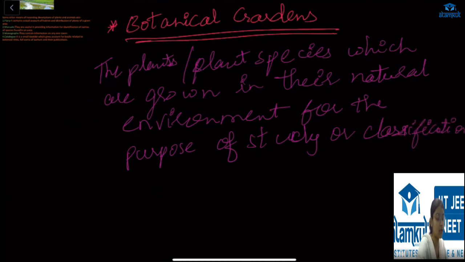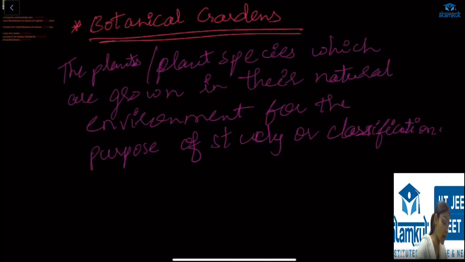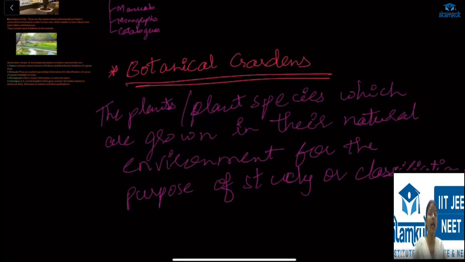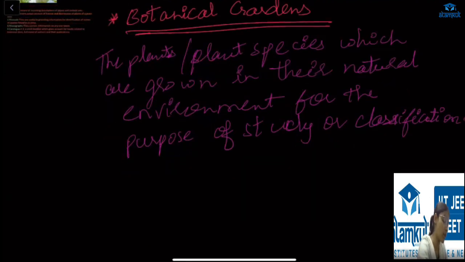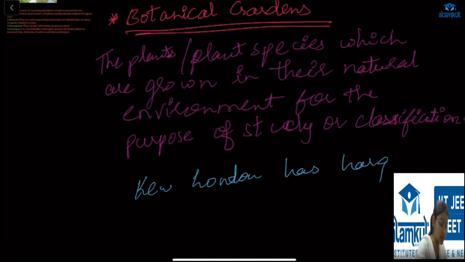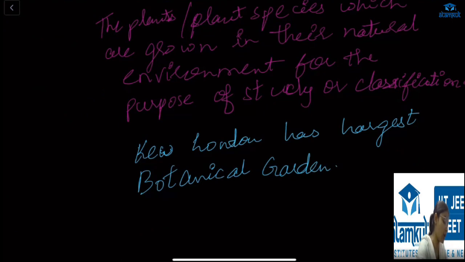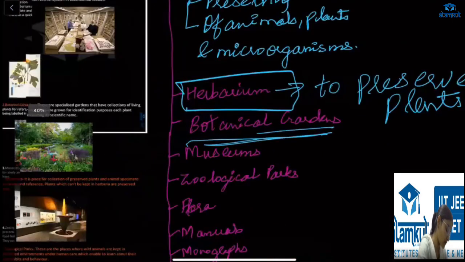So this is the reason why these botanical gardens are situated all over the world, and there are many botanical gardens. One of them, which is the largest botanical garden, is situated at Kew, London. Kew, London has the largest botanical garden.